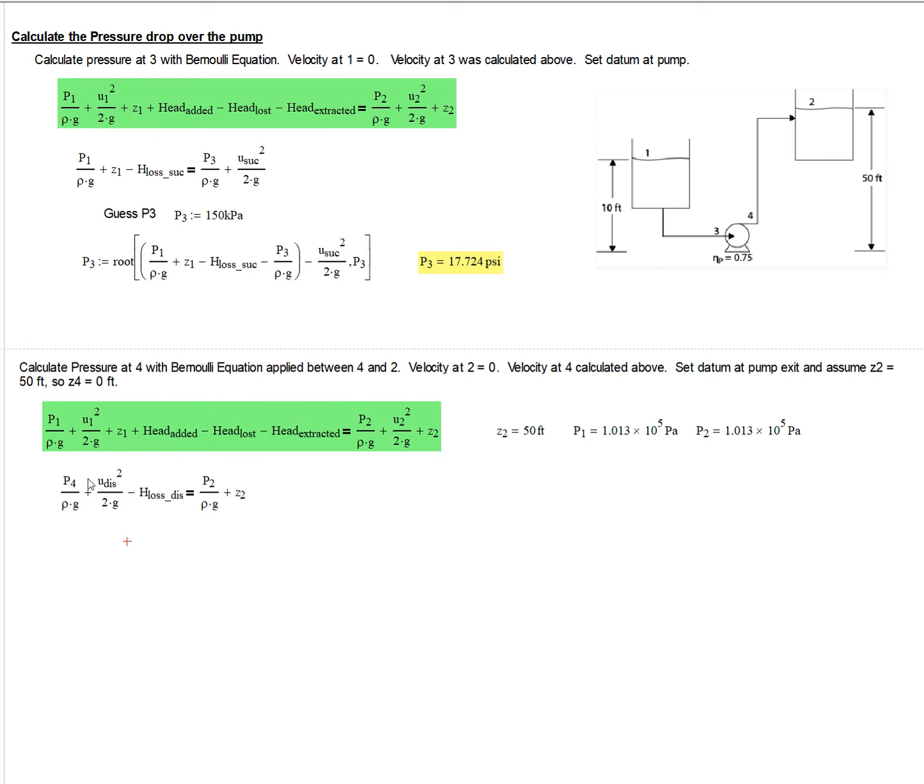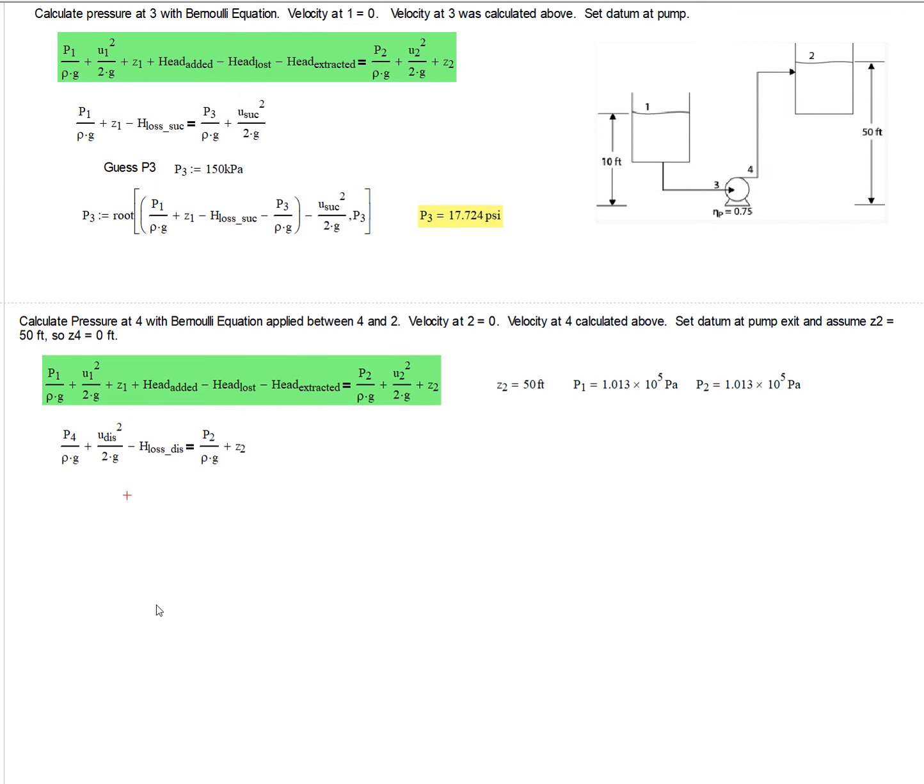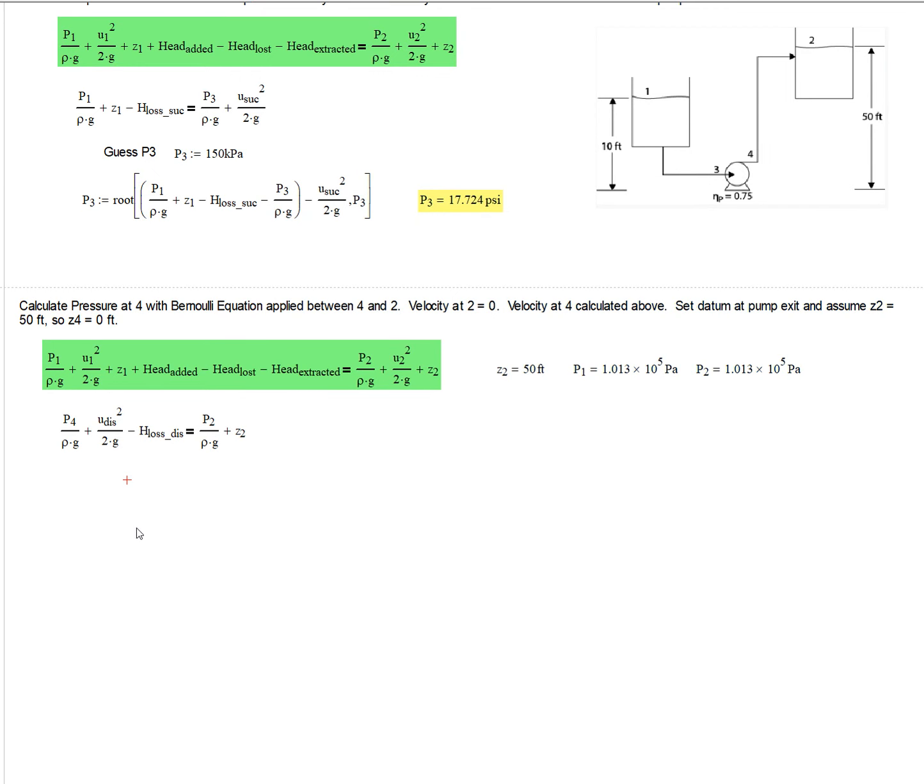But our Bernoulli equation simplifies to this equation, and what we are asked to calculate is P4. It was easy enough to not have to be lazy and just calculate that in MathCAD, and we get an answer of 43.99, or about 44 psi. So again, remember, this is absolute pressure. We're not dealing in gauge pressures here.